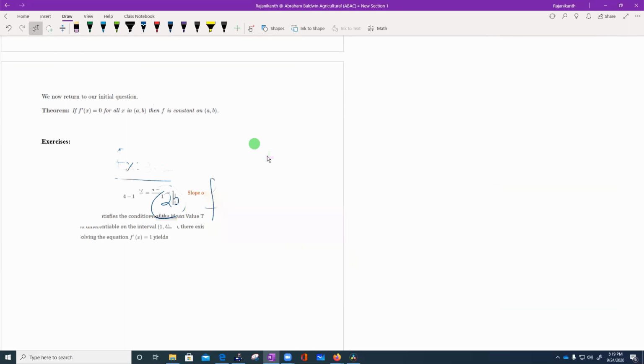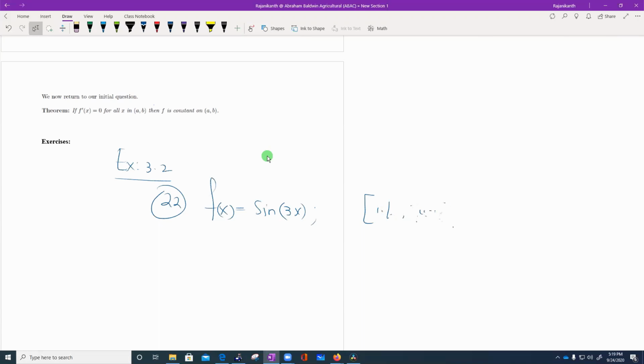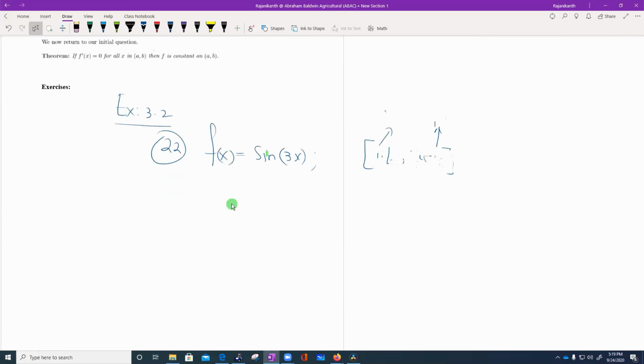The given function is sine 3x. We are interested in the interval pi over 2 to 7 pi over 6. So you could think of this as A and this as B. First of all, you have to check all 3 conditions, right? There are 3 conditions before applying Rolle's theorem.